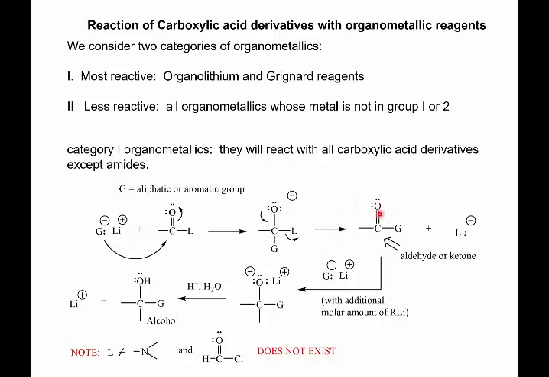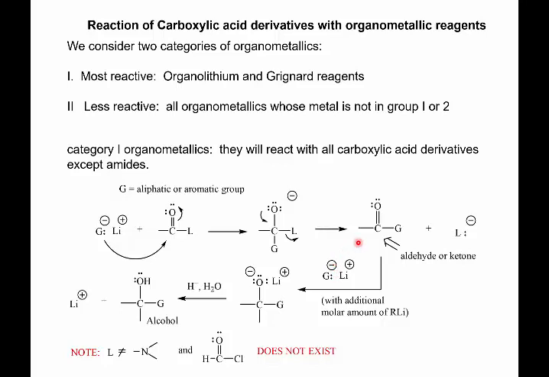We have, remember, aldehyde ketones will readily react with organolithium or Grignard reagents. So we're using organolithium here, so it's natural that the aldehyde or ketone produced here will react with additional organometallic reagent. The G minus acts as a nucleophile.